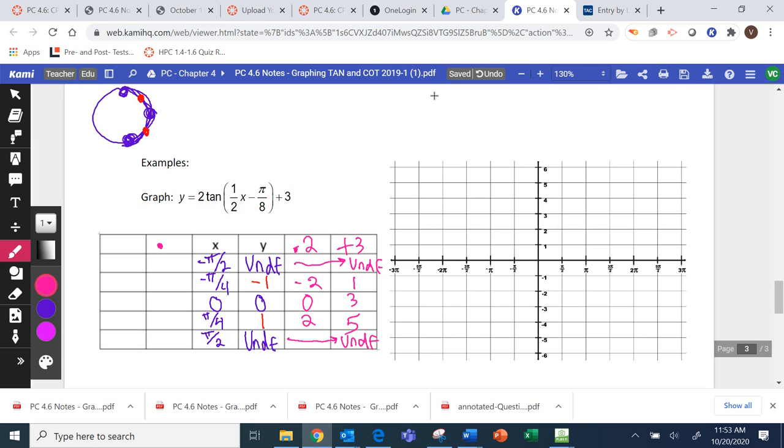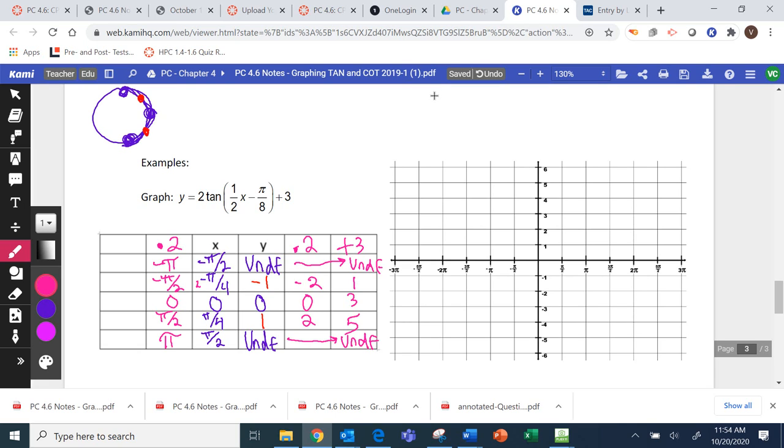Just one person, not everybody at once. Yell it out. 2. So we're going to multiply by 2, and I get, this times 2 cancels out the 2, negative pi. If I multiply by 2, I get negative pi over 2. I get 0, pi over 2, and then pi.